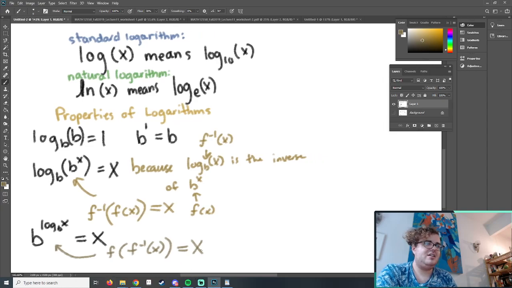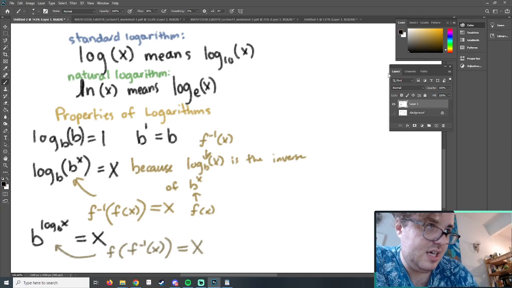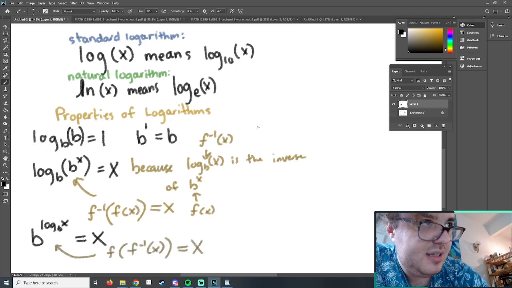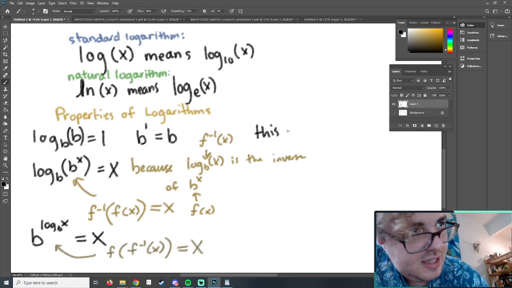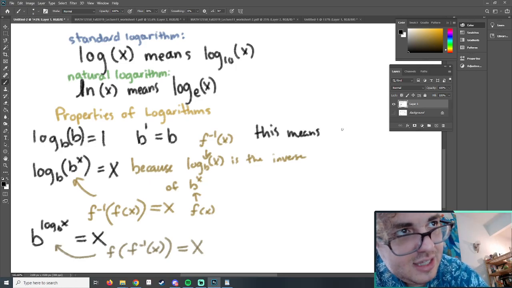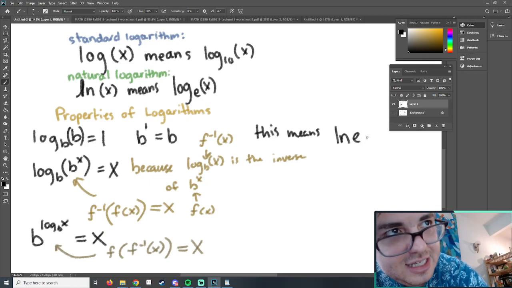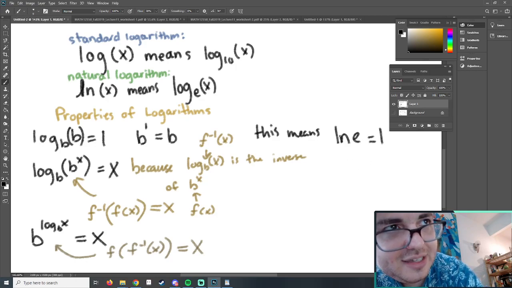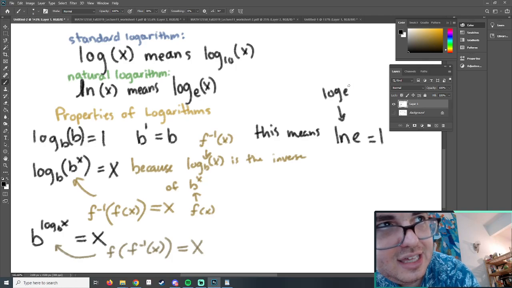Now let's see. Are there any other good ones that I should give you? Oh, there are some that use zeros and ones. There's a corollary of this one, log base b of b equals 1. This means ln e equals 1 as well, because ln is just log base e of e.